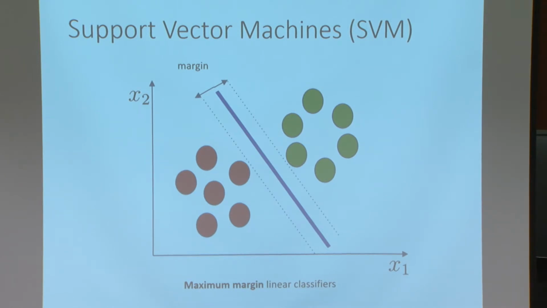If you have a very clear difference between your two classes, then that is a good classification, as opposed to something where certain points are in between and it's very dicey which class it belongs to. So a good classifier is something that creates a big margin between your two classes.